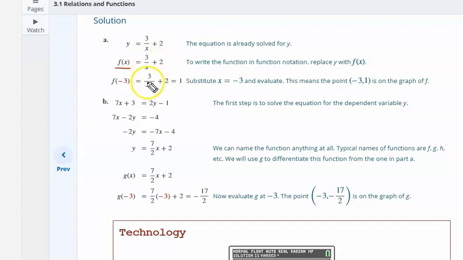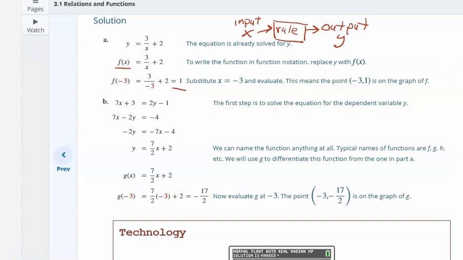Well, there's an x, so we put a -3 there. This becomes then -1 plus 2 equals, as your output, a 1.